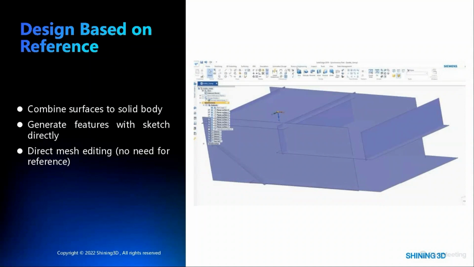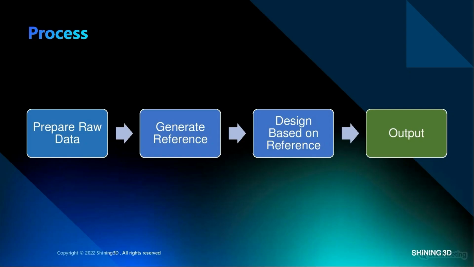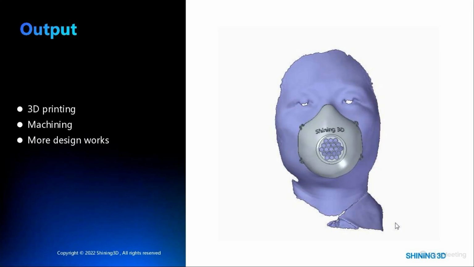Okay, so this is step 3, design based on reference. We already shared a lot of different ways to do it. And the last one would be to output your data. And we already talked about this a lot in the beginning.